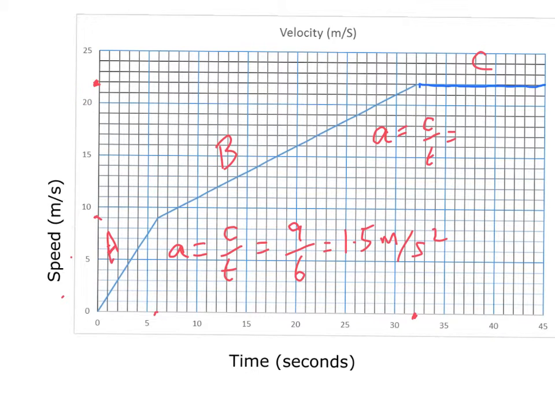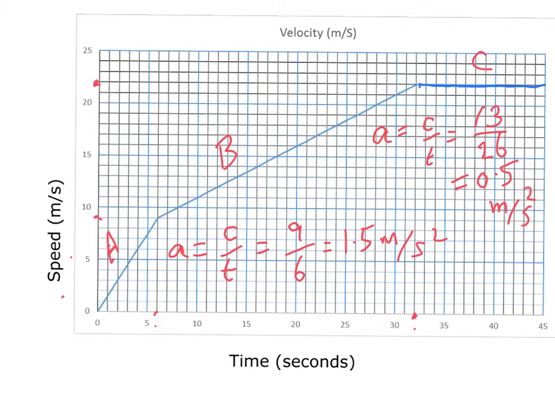So from 22 take away 9, that gives you 13, and that's the change in speed. So I'm going to write that here. And the time taken is from 32 to 6 seconds, that's 26. So the acceleration is 0.5 meters per second squared.